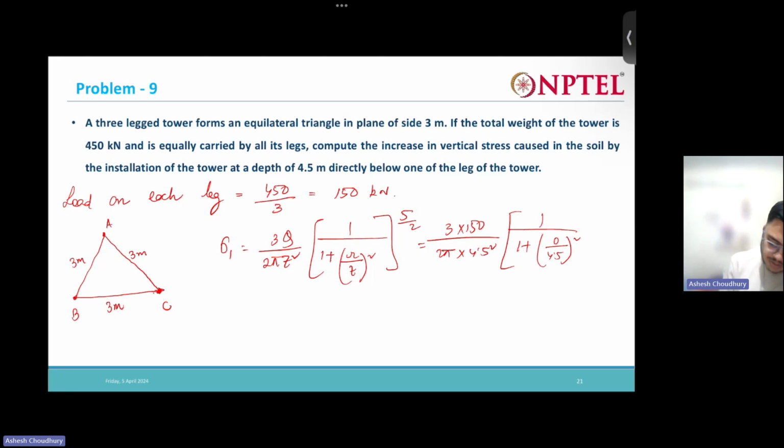So this is the contribution of C lag on C itself. Okay, below it. That's why R is 0. Okay.